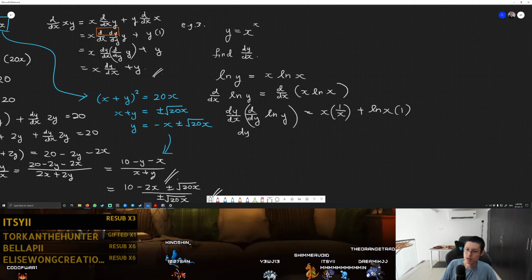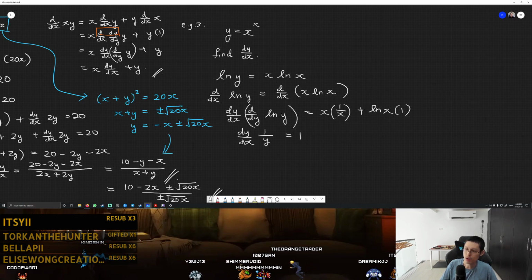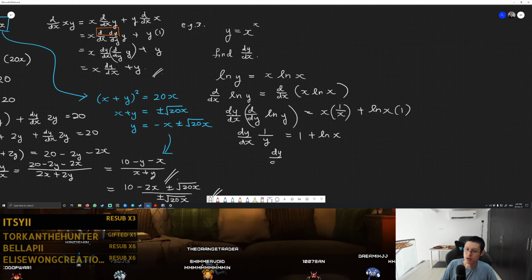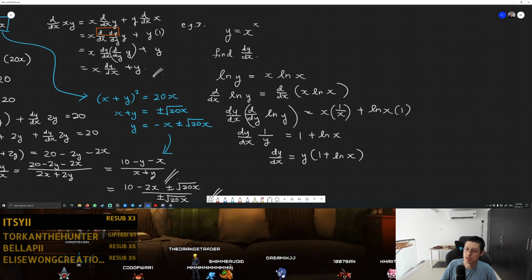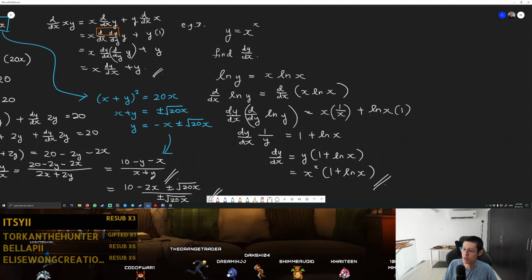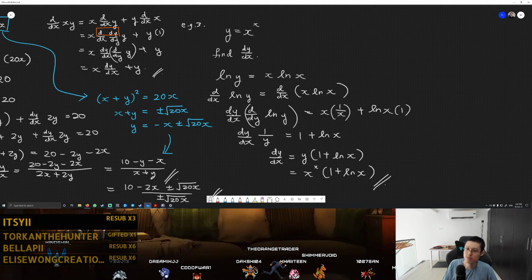So simplifying, on the left we get 1 over y dy/dx equals 1 plus ln x, and therefore dy/dx must equal y times 1 plus ln x. And as you can see, y is actually x to the power of x. And therefore, that's how you find the derivative of x to the power of x. There you go.